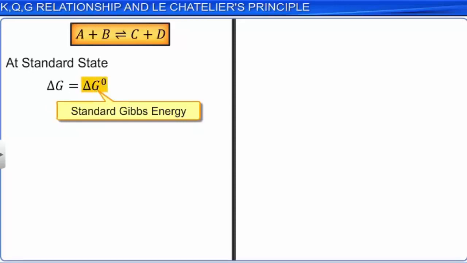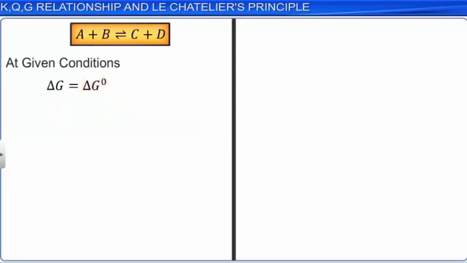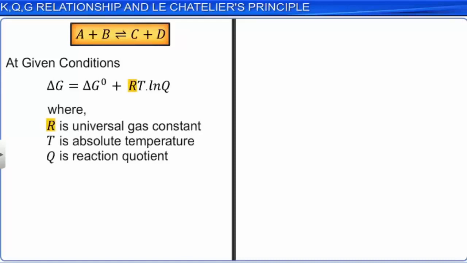The relationship between Gibbs energy change, delta G, and standard Gibbs energy change, delta G naught, is given as delta G is equal to delta G naught plus RT ln Q, where R is the universal constant, T is absolute temperature, and Q is reaction quotient.